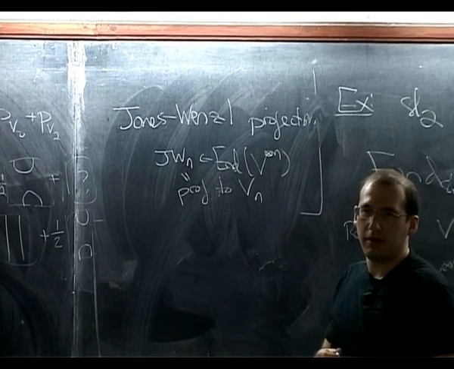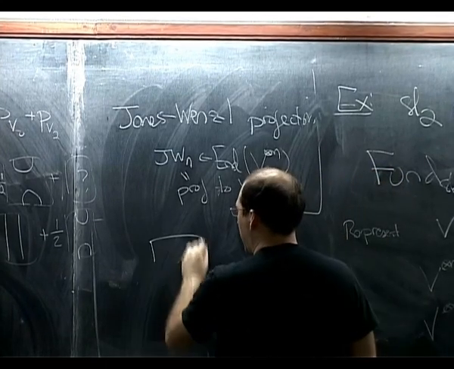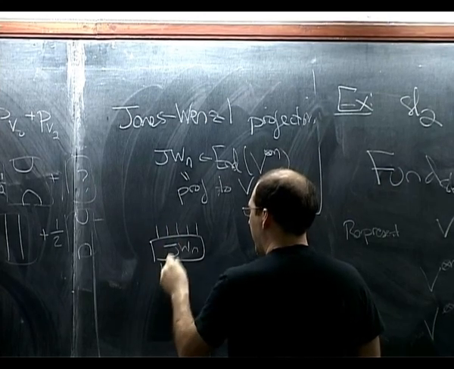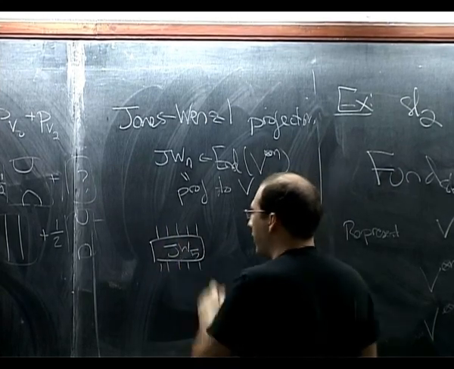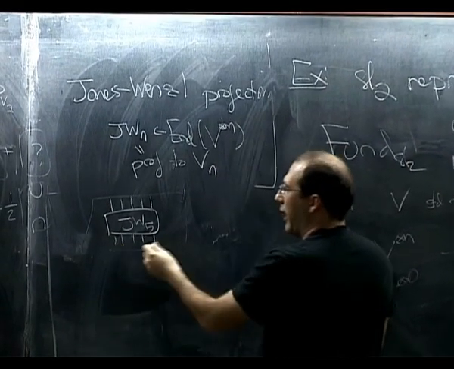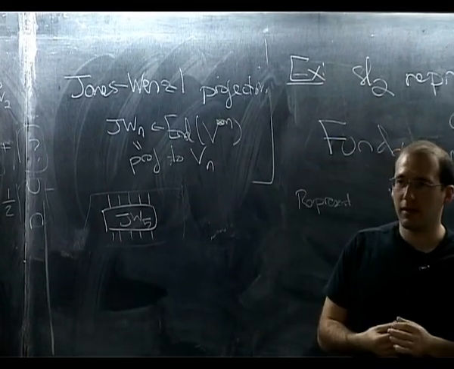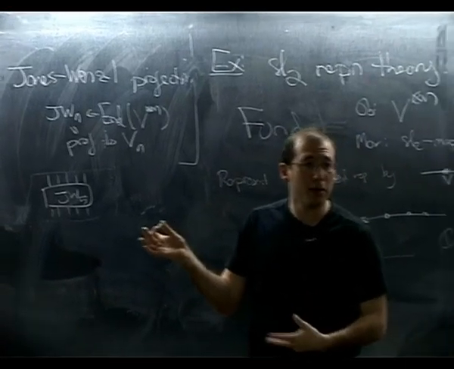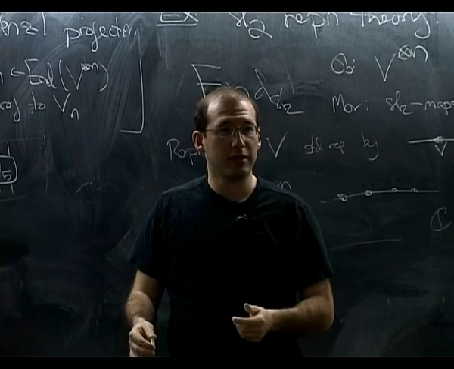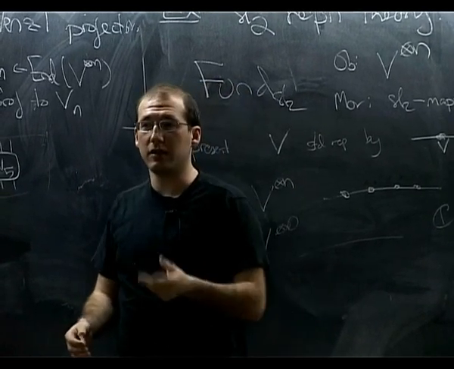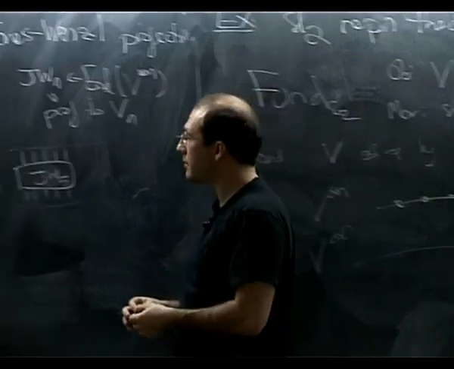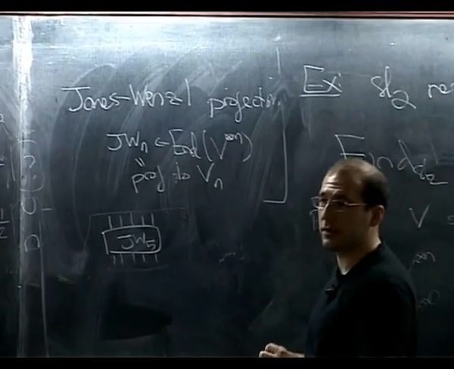You draw this as some sort of diagram; this is JW5, which is an endomorphism from 5 strands to 5 strands. Coming up with a closed formula for this in terms of just cups and caps is very difficult. But there are nice inductive formulas, and this is on the exercises. So these are Jones-Wenzel projectors.